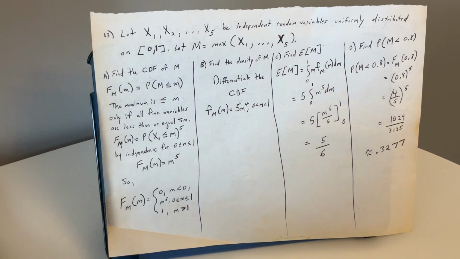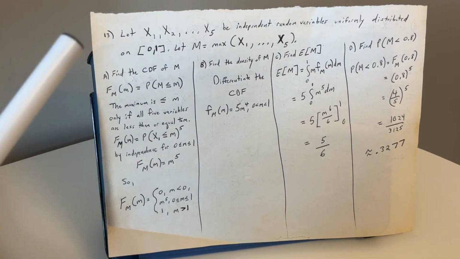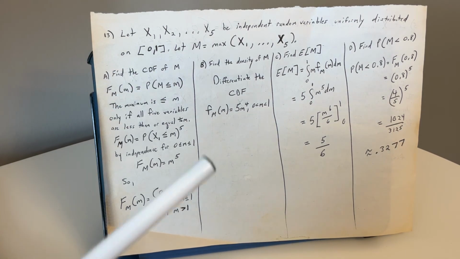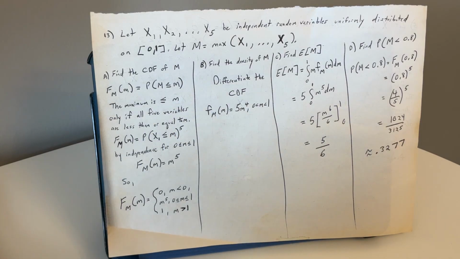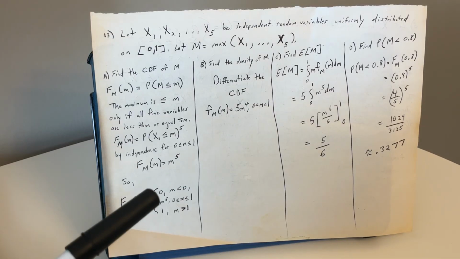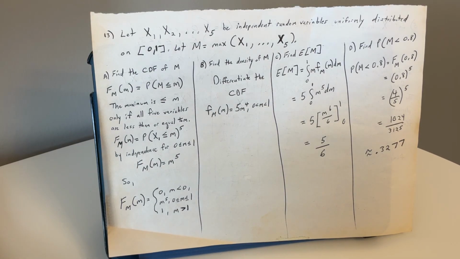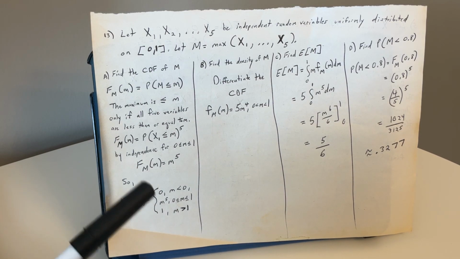For part B, we want to find the density of M. We found the CDF of M, and to find the density, we take the derivative, so we differentiate the CDF. The 0 and the 1 are constants, so they go to 0.